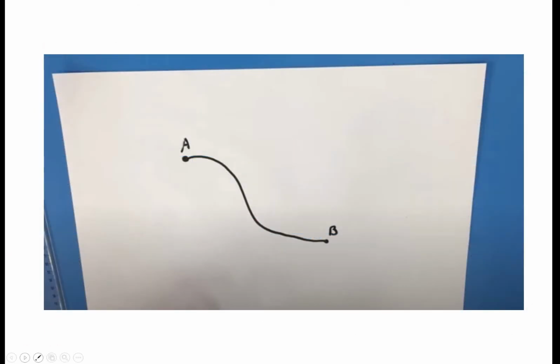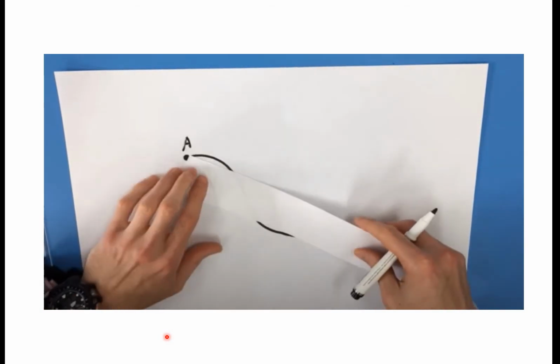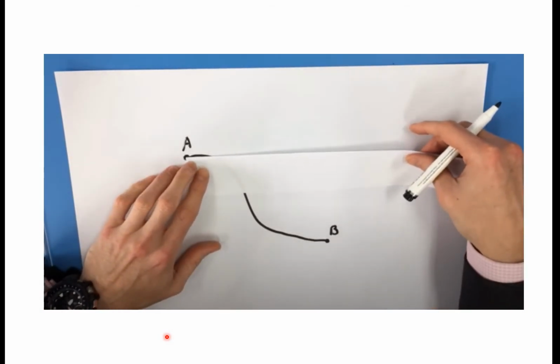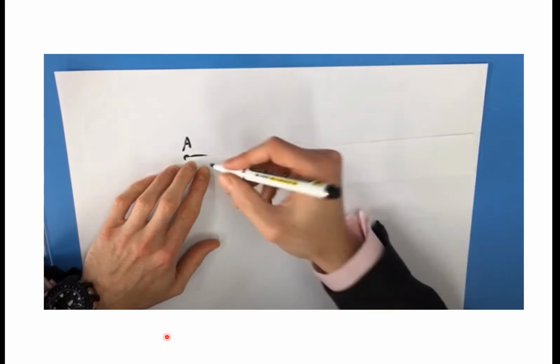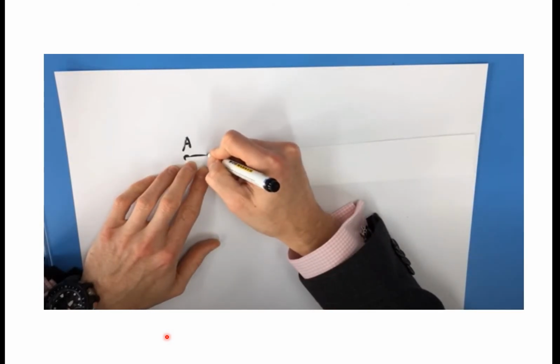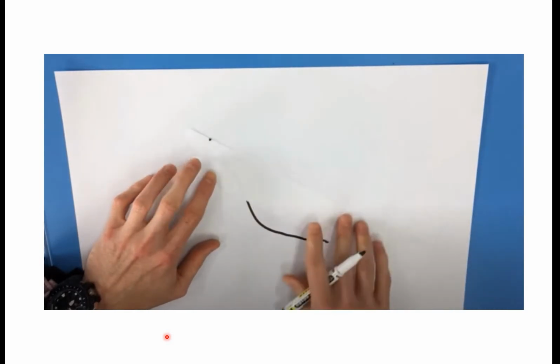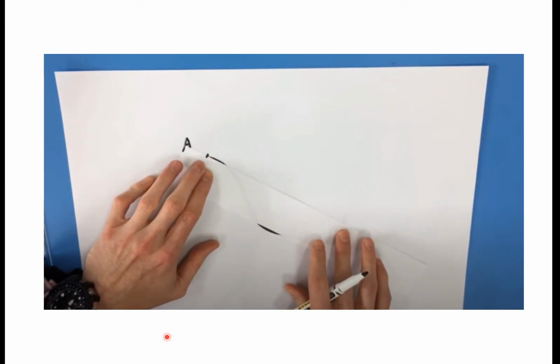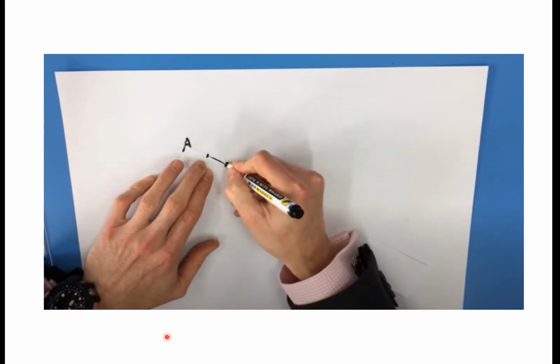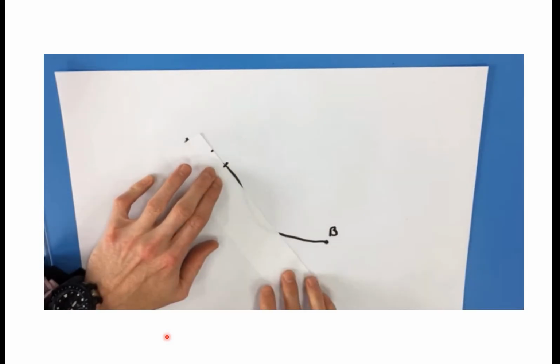Here's a great example. So we're measuring from point A to B. We get the edge of a piece of paper and we keep that as straight as we possibly can, and then we mark off a point. Move that paper round, find the straightest point before it curves, and mark another point.